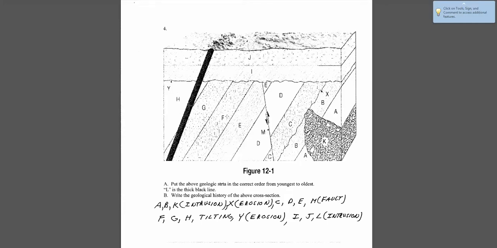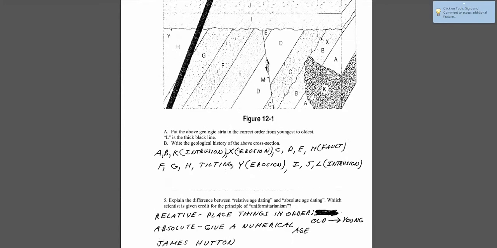And we have F, G, H, and then it tilted. Again, this is that angular unconformity. And then we had some erosion, Y, I, J, and then L went all the way through. Most of you are pretty good on this, so it wasn't too bad at all.